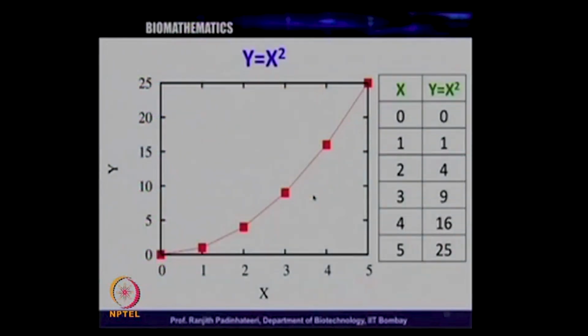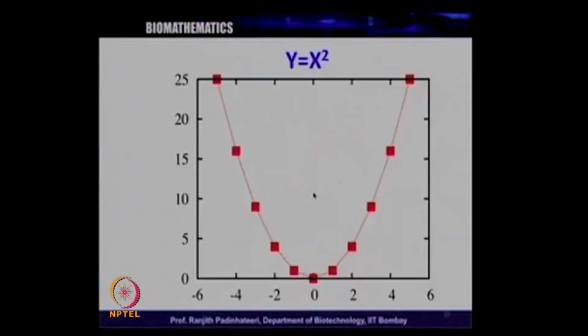As you see here, this is how we plot y equal to x square, and if we plot the negative part, we had only taken positive values for x, but if we take negative values for x, you would get something similar. Let us have a look at this graph.